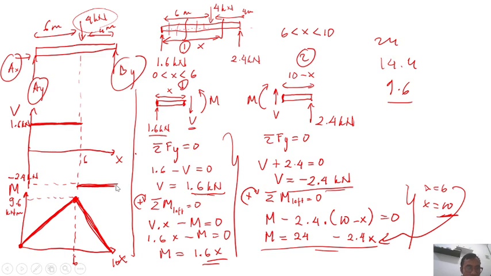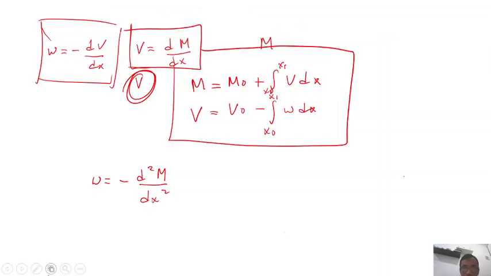Then, if we take a look at the moment, the moment here is supposed to be the integral of v. Let's try to implement this in order to get our moment distribution from the v distribution.